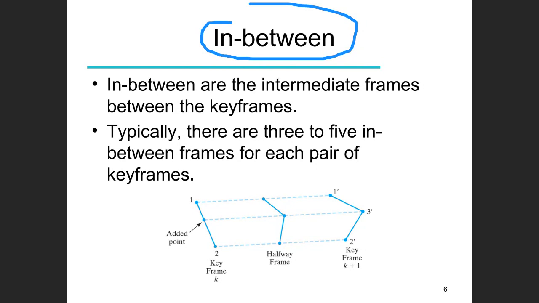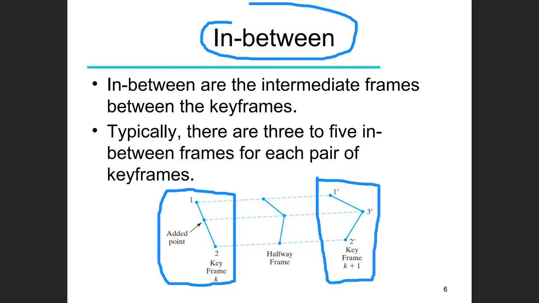For example, initially we discussed that this was the first keyframe, and this was the second keyframe, k plus 1. Between the first keyframe k and the second keyframe k plus 1, we generate, for example, a first in-between frame. This is the halfway frame between the keyframes. In this frame we make the changes gradually.